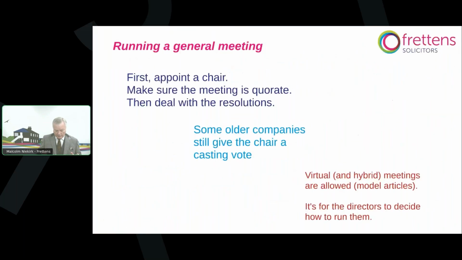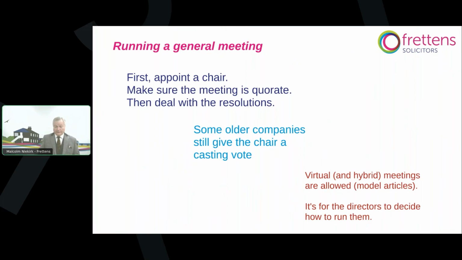And in terms of how you run a general meeting, first off, you need to appoint a chair who will normally be the chair of the board of directors or one of the directors, or if no directors are there and willing to act as chair, one of the members can chair the meeting.